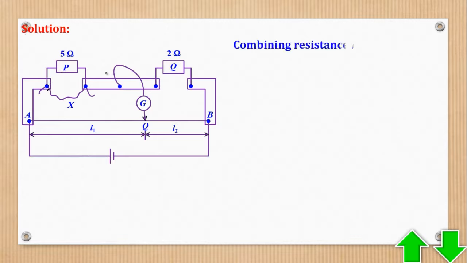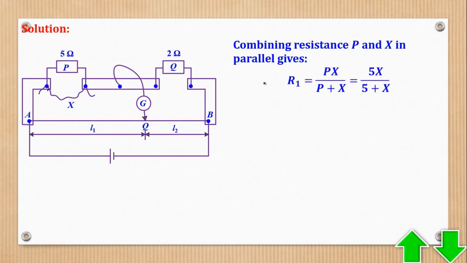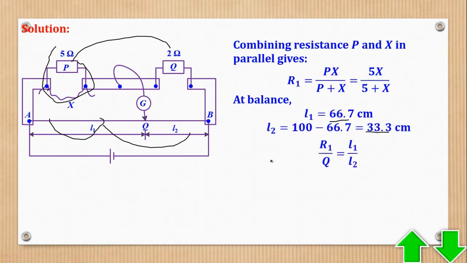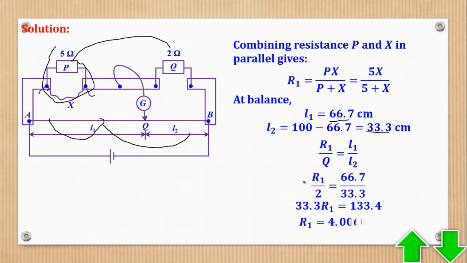So the first thing to do is combine the two resistors in parallel to give you product over sum. Then at balance, this combined resistance over this will be equal to L1 over L2. So L1 is that, meaning L2 will be this. So come and substitute to come up with that, substitute and make R1 the subject to give you this as the value of R1.